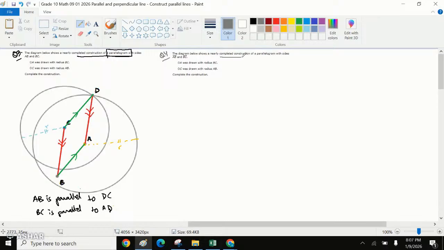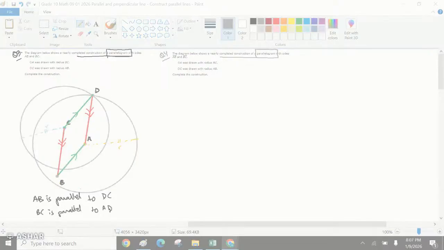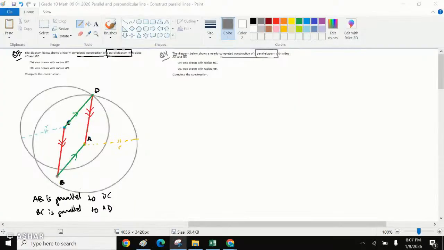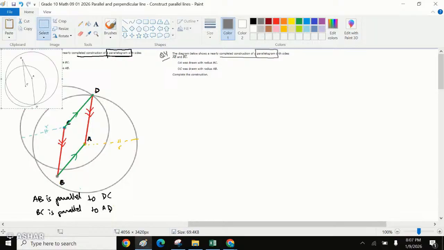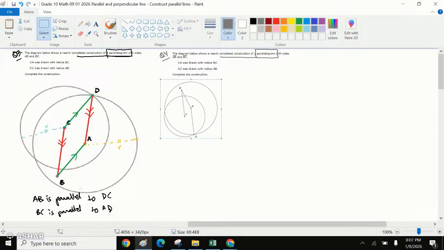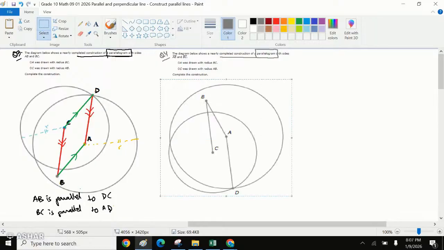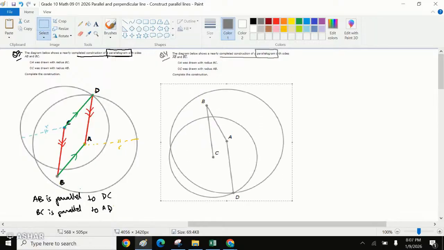We need to complete the parallelogram. Okay, I'm just focusing more on the diagram, okay? So if this diagram is given to us, I'll just copy. If this diagram was given to us, what we need to do is make it a parallelogram.